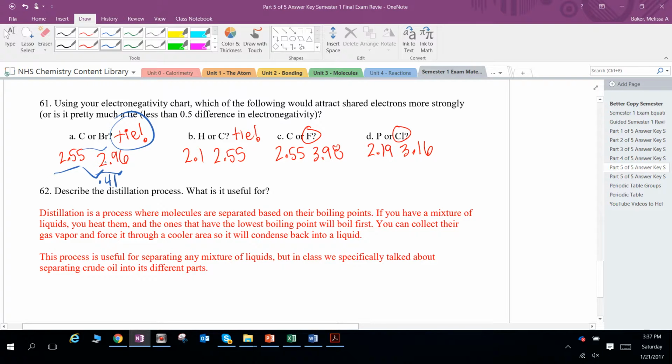It's a tie. Versus a carbon and a hydrogen, actually this one's the same thing, a difference of 0.45, that's another tie. But here, fluorine is much more electronegative than the carbon, so it will be the one that attracts shared electrons more strongly. Same with the chlorine versus the phosphorus.